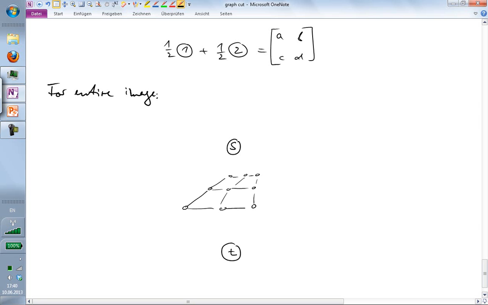And both the source and the sink are now connected to each and every pixel, or not quite to each and every one if you compute these simplified graphs that I mentioned. But if you use a naive construction, then you will connect them all.